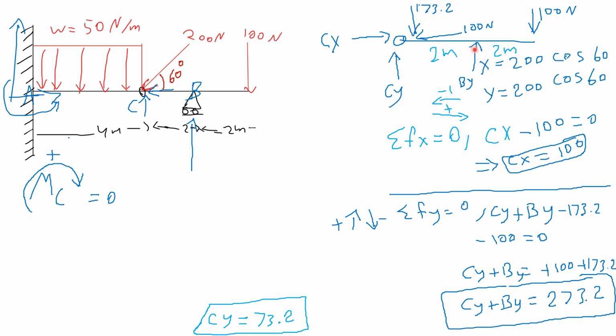So how many am I left with? I'm left with the By and the 100. Also the 100 goes through this point, so these four forces equal to 0.